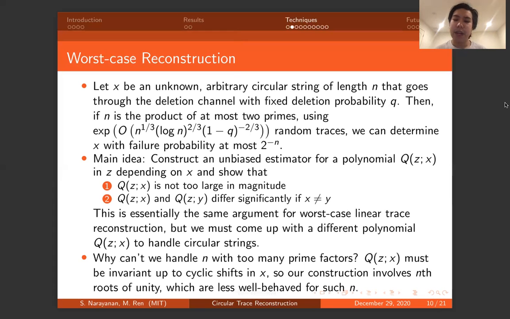The reason we can't handle n with too many prime factors is that, in order to encode the circular string condition, we need to use nth roots of unity in our construction. These nth roots of unity are less well behaved for n with too many prime factors, and we need certain arithmetic properties from these roots of unity for our algorithm.